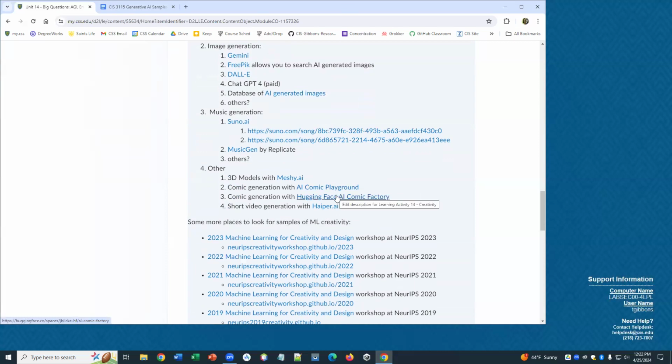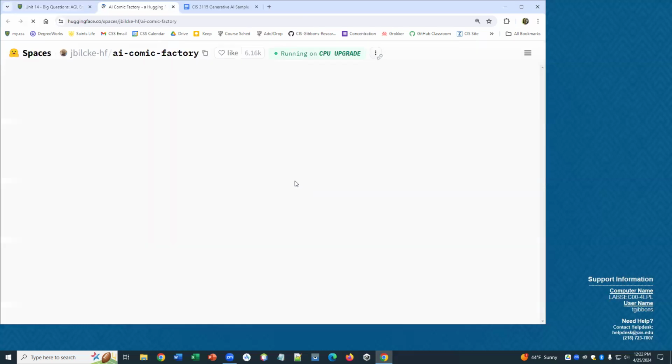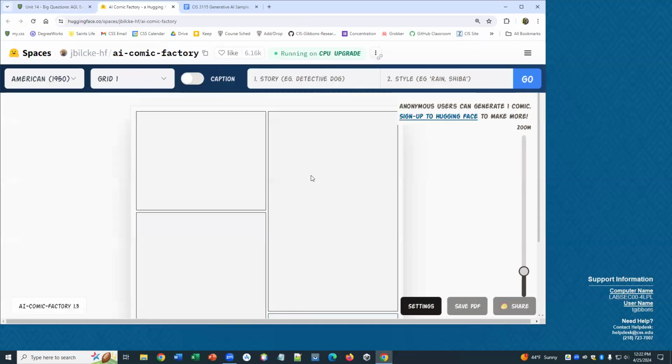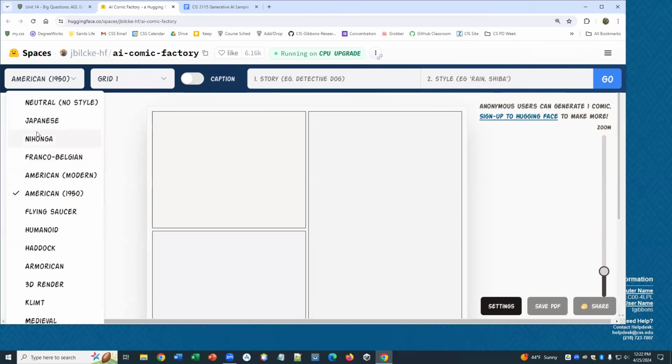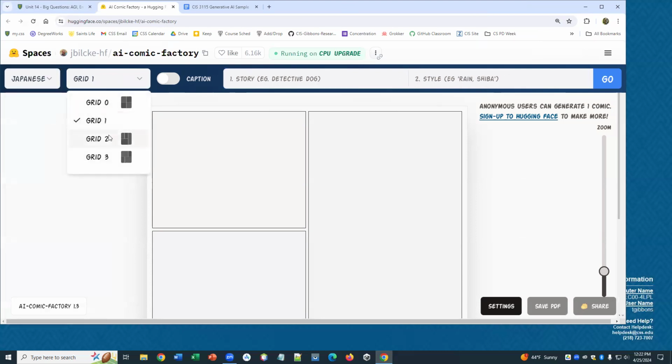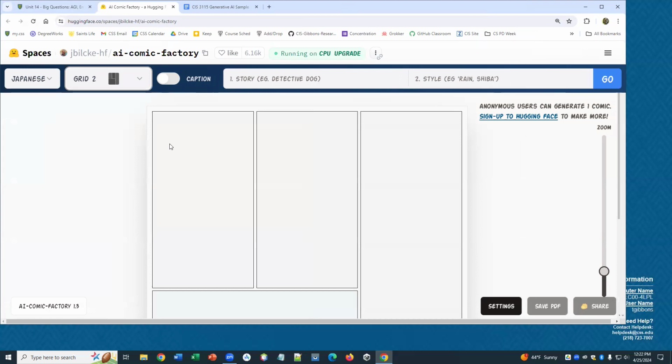There's a comic book generator here, through Hugging Face. You give it a style of comic book, what kind of layout it should be in, and then a story.